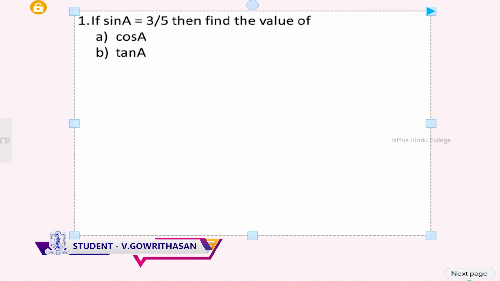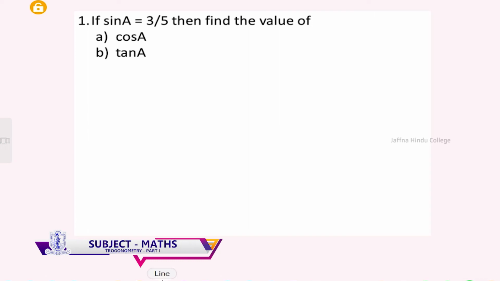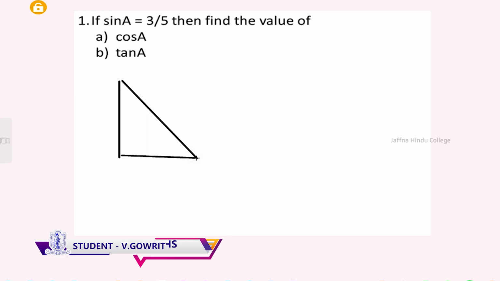If sin A is equal to 3 by 5, then find the value of cos A and tan A. If this type of question is asked, first draw a rough diagram. Take an angle as A. Sine function means opposite side by hypotenuse.